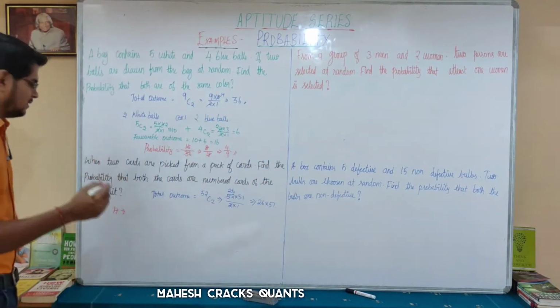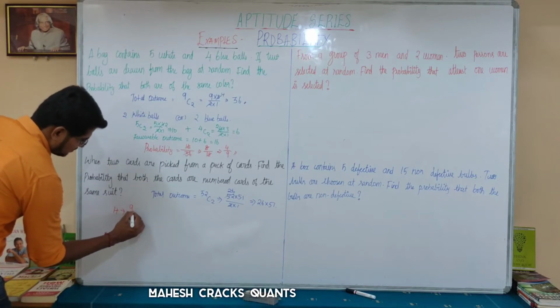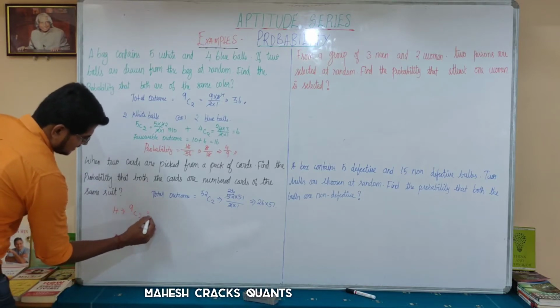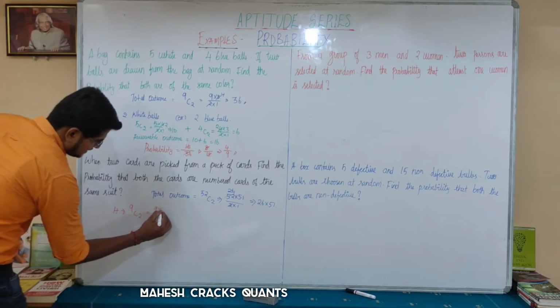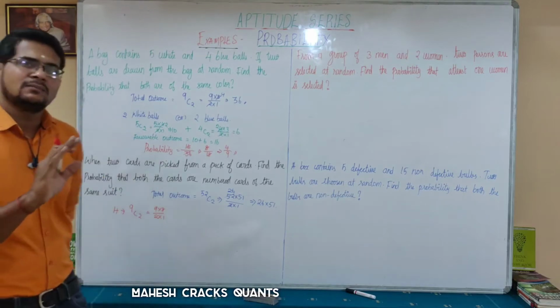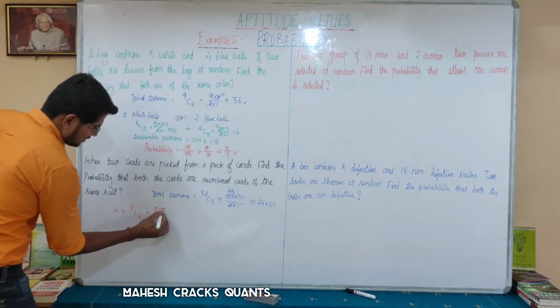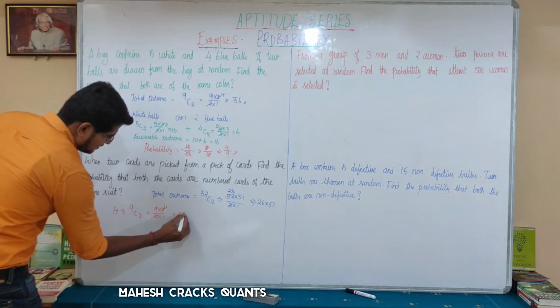So from heart, you are taking two numbered cards, 9C2. 9C2 is nothing but 9 into 8 divided by 2 into 1, because 9 cards are numbered in every suit. So cancelling this you will get 36.